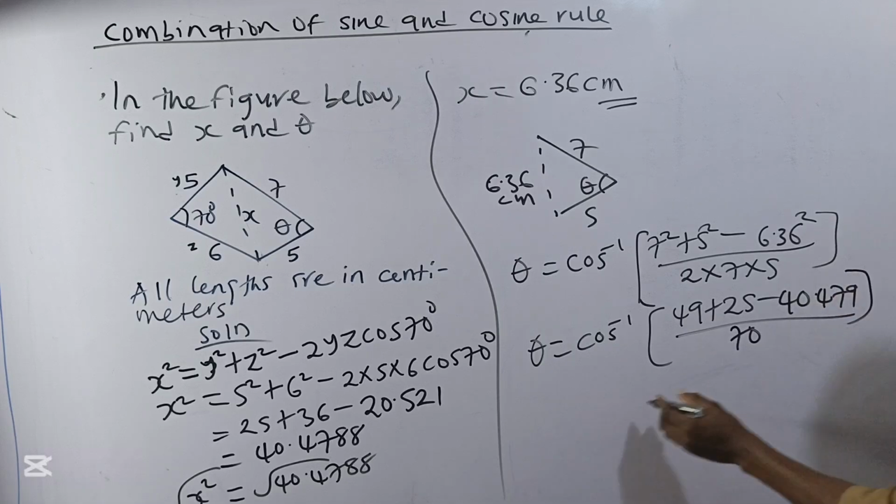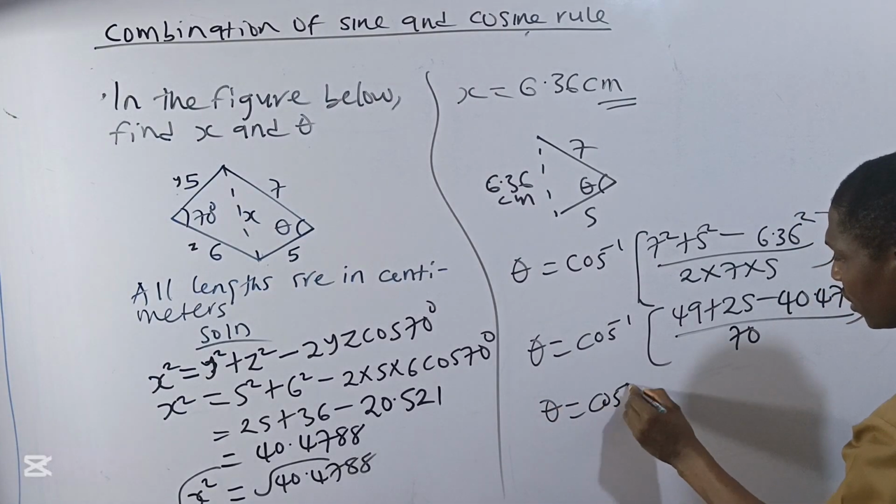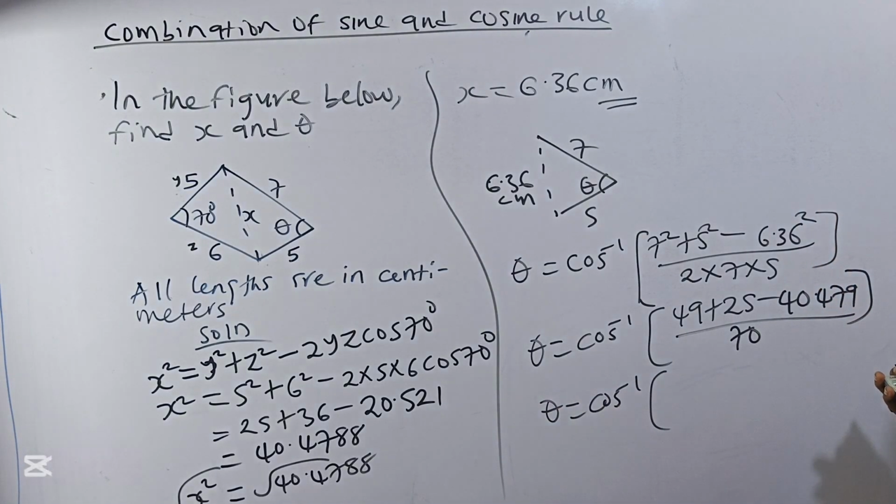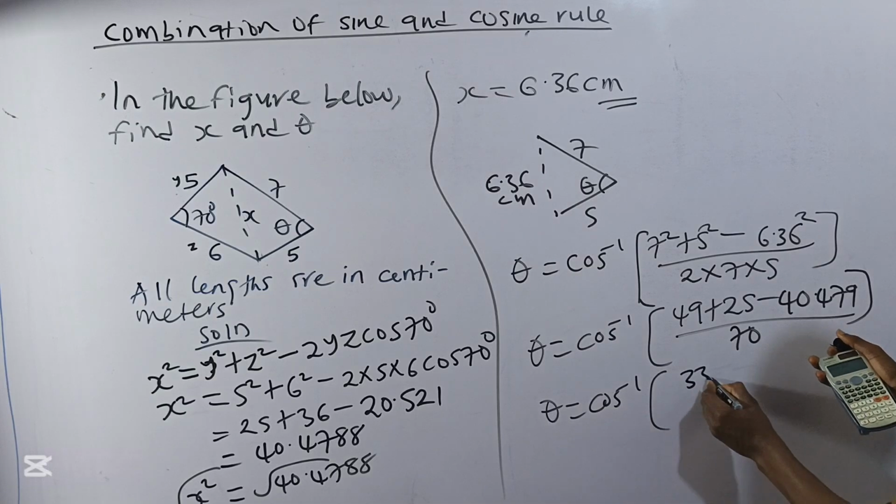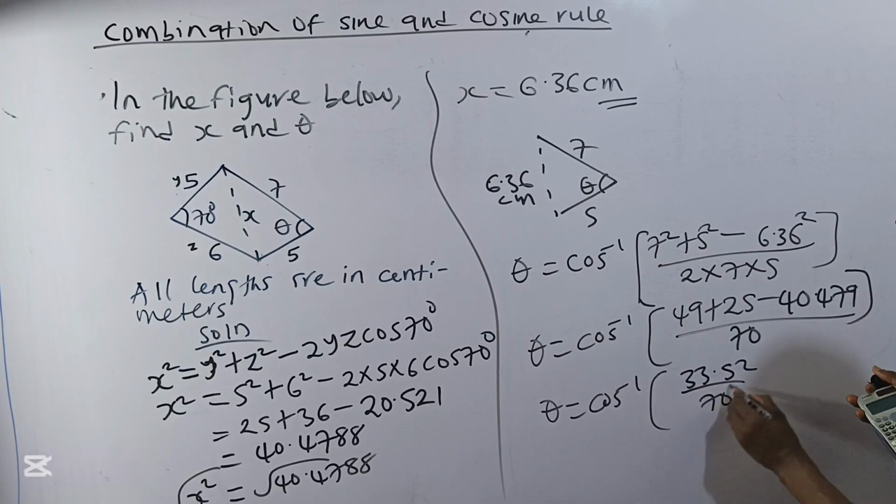70. And I'll have my theta to be cos inverse of 49 plus 25 minus 40.479 to give me 33.52 all over 70.